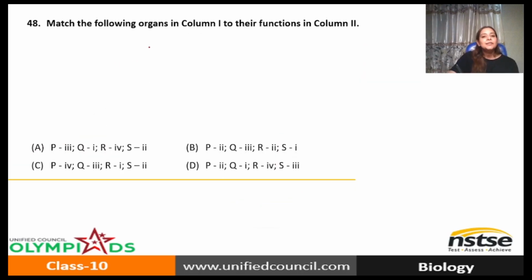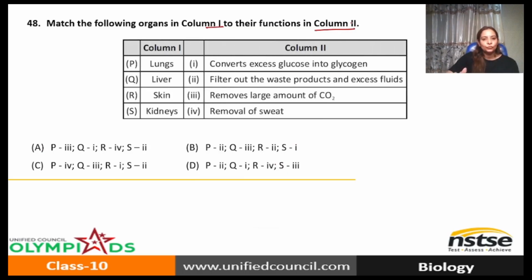Next, match the following organs in column 1 to their functions in column 2. So we have different organs in column 1, and a few functions are given in column 2. Now let me tell you, lungs are a respiratory organ, and their function is to allow the exchange.